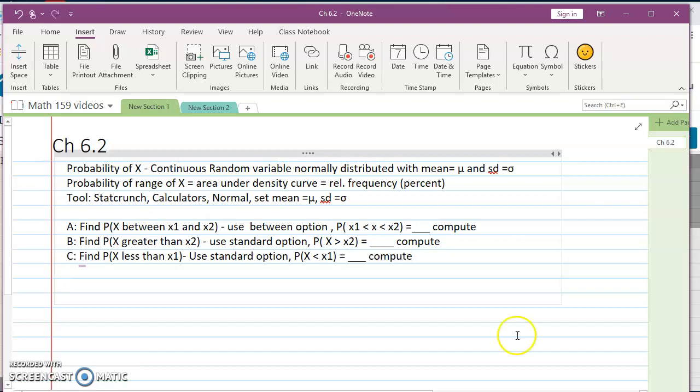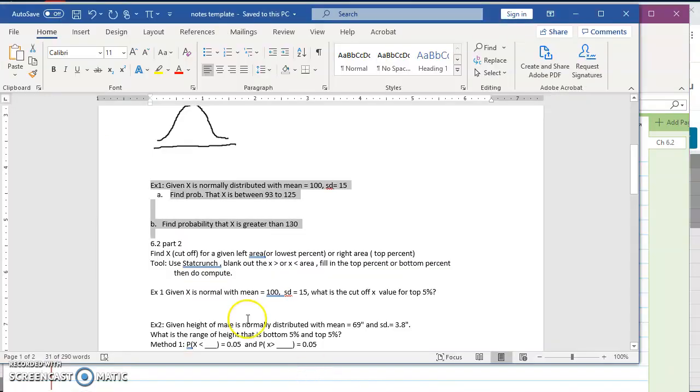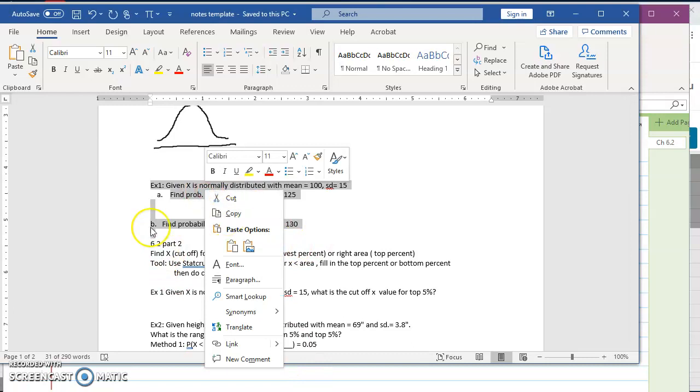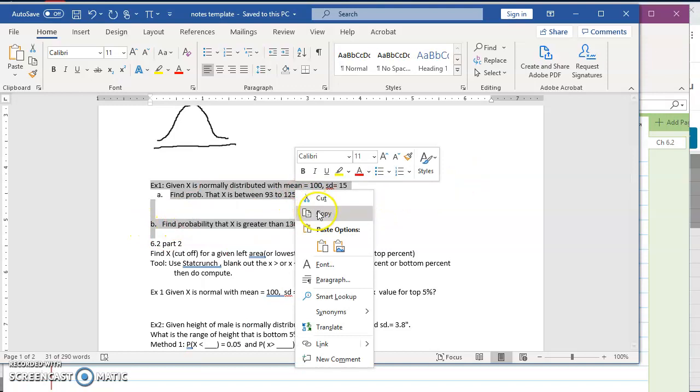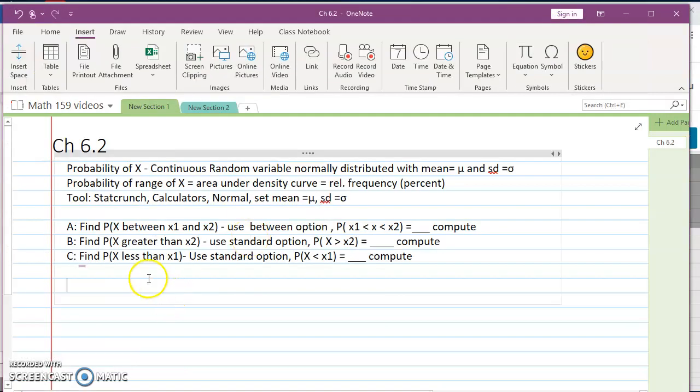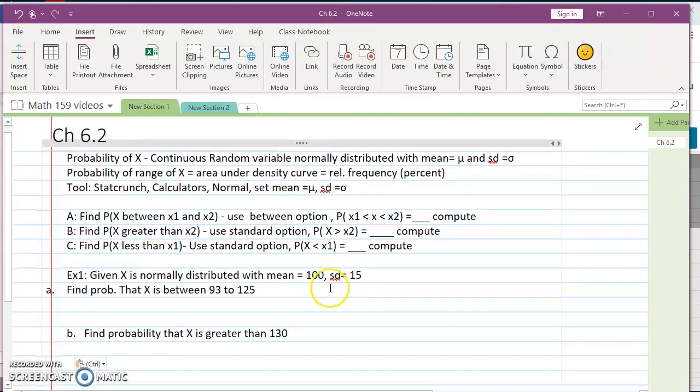So let's do an example. I'm going to copy this example here. This is the first example that I want to do. So for example, example 1, we are looking at x, which is an IQ score.